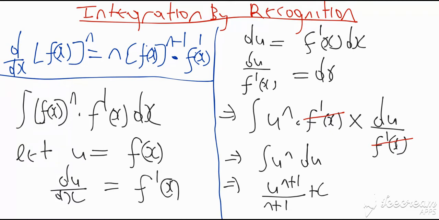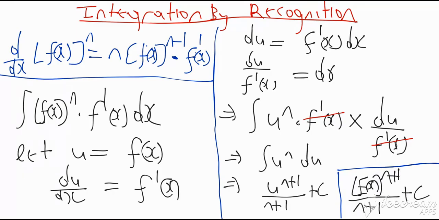So we're going to go back to replace the u. So let me just create some space here. So when I replace the u by f of x, I'm going to have f of x raised to the n plus 1 over n plus 1 plus my constant of integration, which is c. So let us summarize this here.